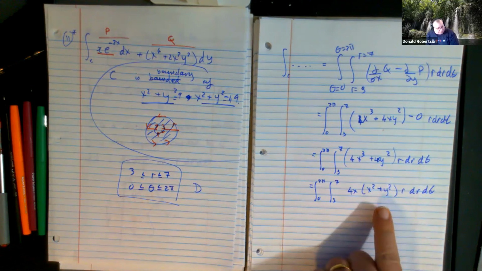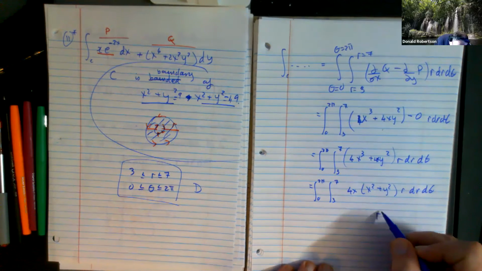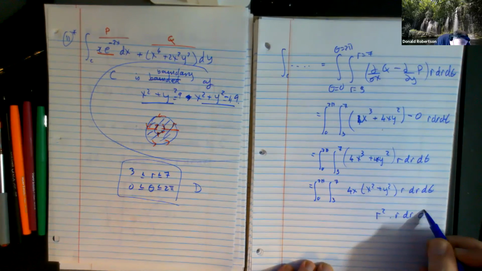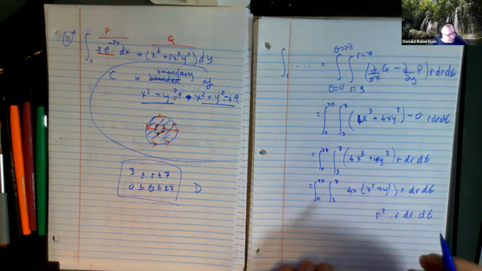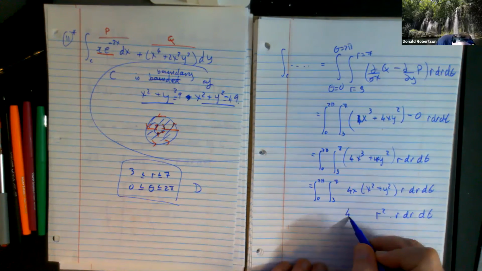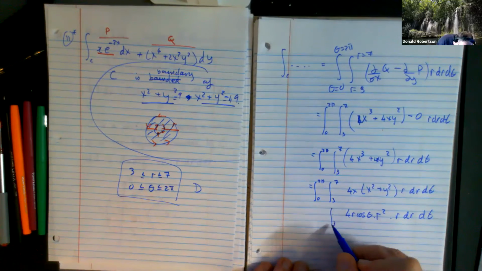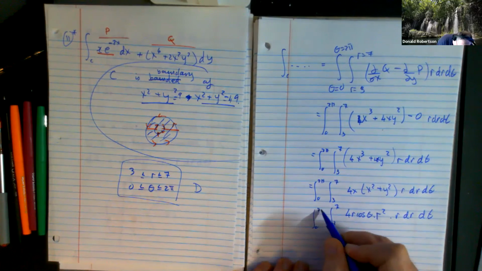Because won't x squared plus y squared be r squared? 4x, not so good. Isn't x r cosine theta? So that's going to be 4r cosine theta. And we're going to do what, 3 to 7 and 0 to 2 pi still.